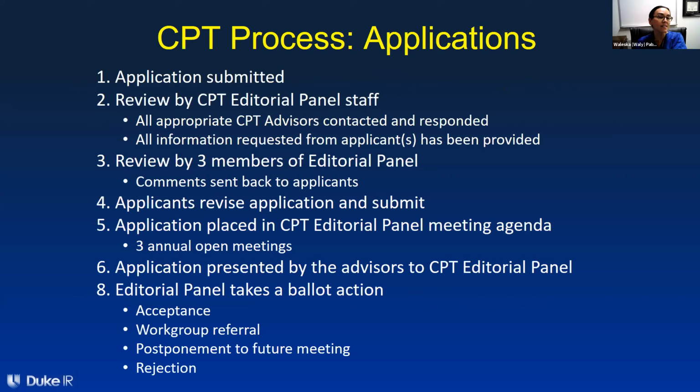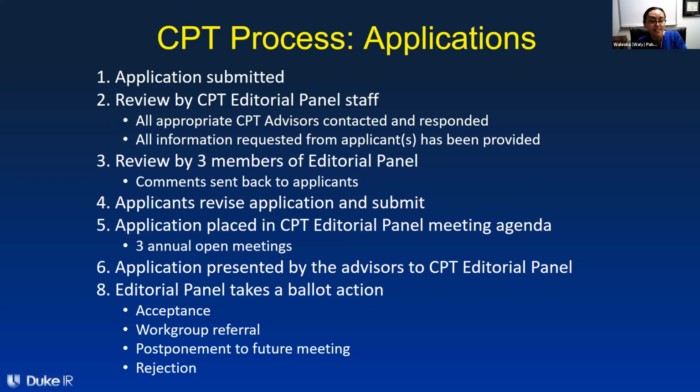So here's the list of the application process. It happens in this order, but it's similar to a grant application where the CPT application is completed by the specialty societies. If they're the ones submitting the application, they submit it to the AMA staff. The AMA staff just make sure that the application and the supporting documents are all there. And then they assign that application to 3 members of the editorial panel. The 3 members of the editorial panel review the application, write feedback, and send it back to the applicants.